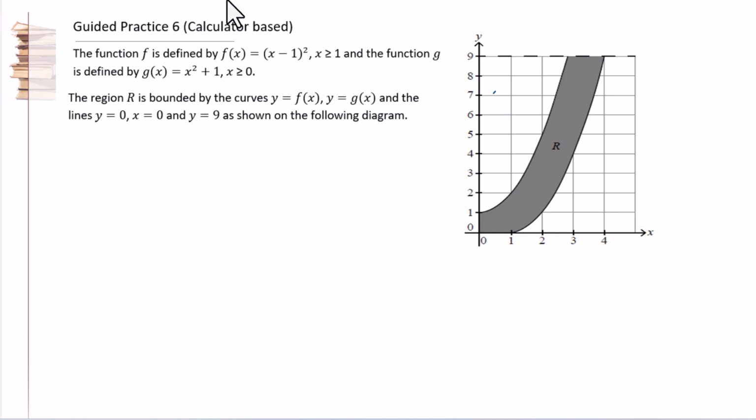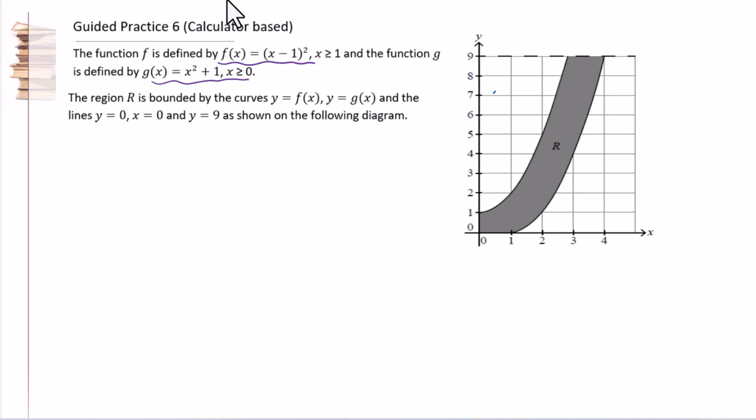Let's go to guided practice 6. The function f is defined by this. The function g is defined by this. The region R is bounded by the curves y equals f of x, y equals g of x, and the lines y equals 0, x equals 0, and y equals 9, as shown on the following diagram.